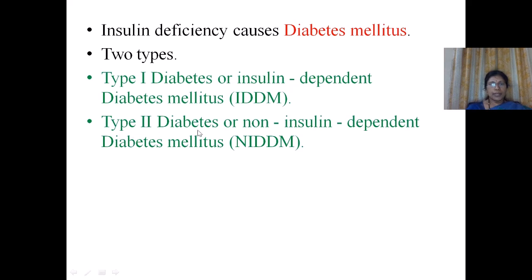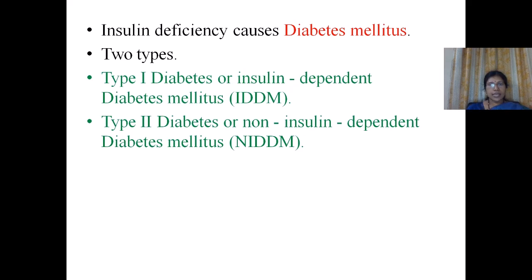Type 2 diabetes is the most common diabetes, and accounts for 80 to 90 percent of the known diabetics. This diabetes occurs after the age of 35 years, and it is known as adult onset diabetes.